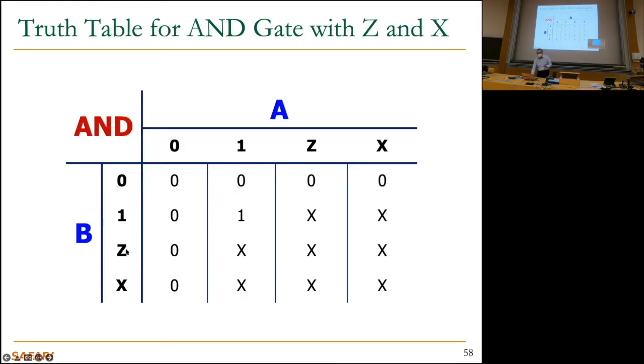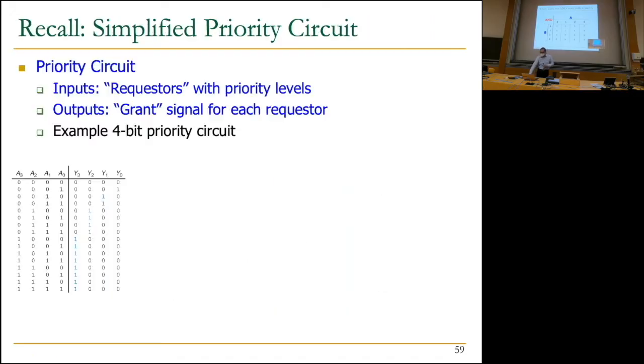If one of the values is Z or X, and another value is 0, then the AND gate makes sure the output is 0. So that's fine. In all other cases where one of the values is Z or X, the result is undefined, basically invalid. Because it doesn't make sense to do an AND of a floating signal with another floating signal. The result is really undefined. You have no idea what the result would be. Invalid, basically.